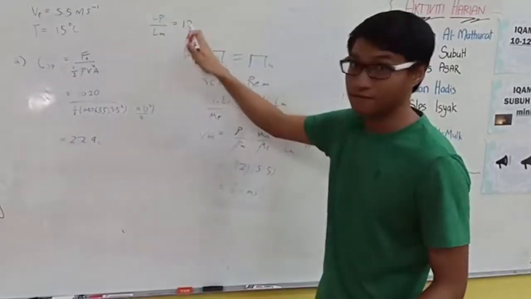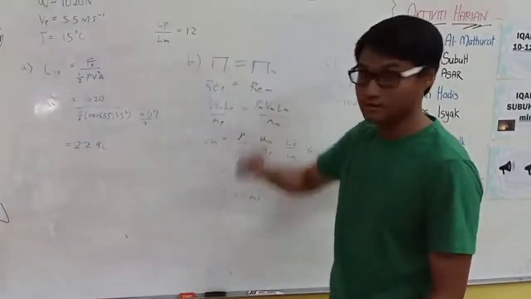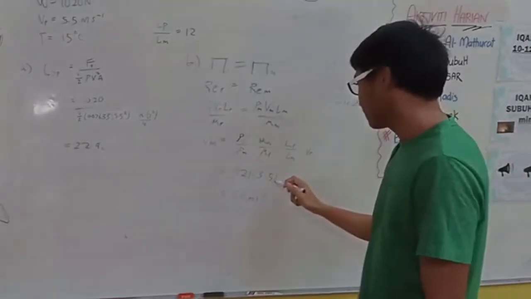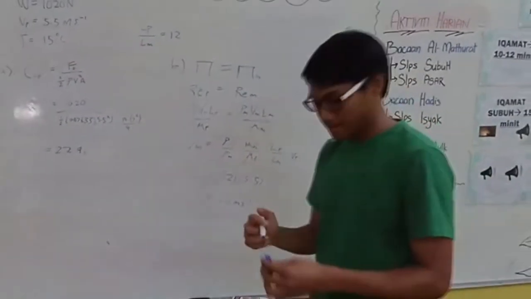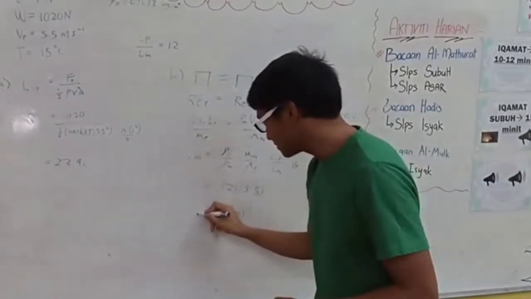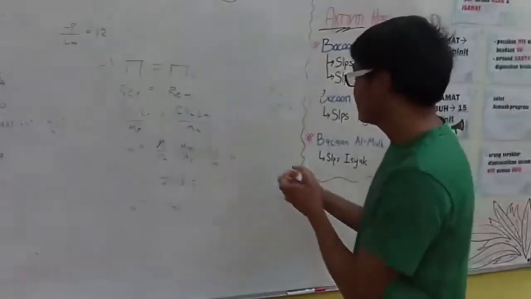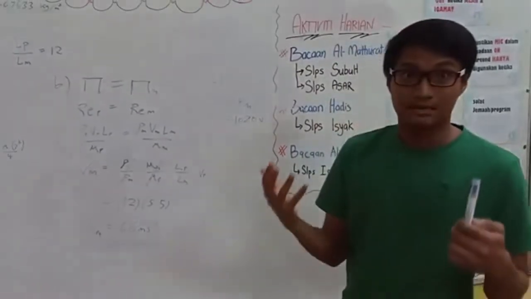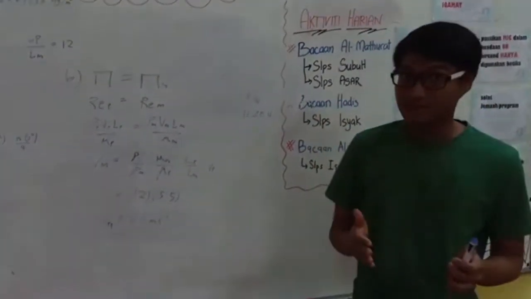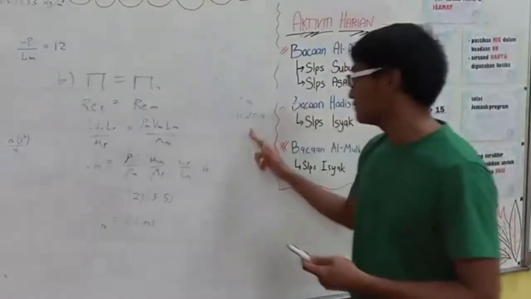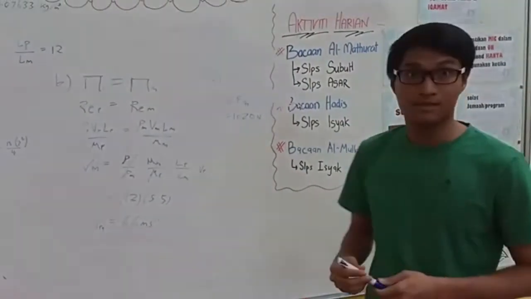So the ratio of prototype to model is 12. We multiply 12 by 5.5, the velocity, and we get 66 meter per second for the model velocity. For C, we want to find the model force. The prototype force is equal to the model force based on the dimensional analysis, and we get the model force to be 1020 Newton.